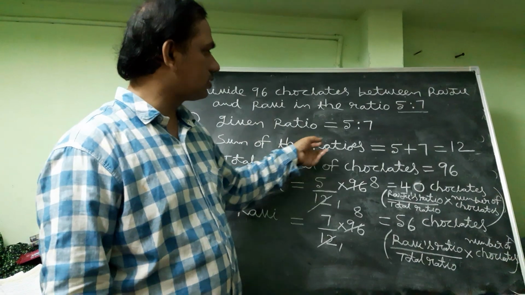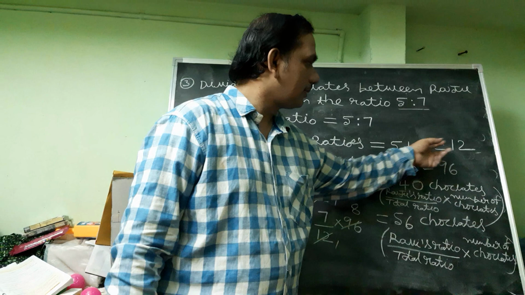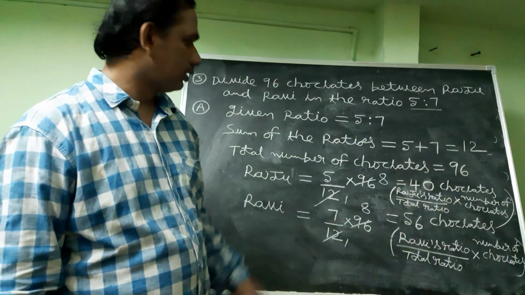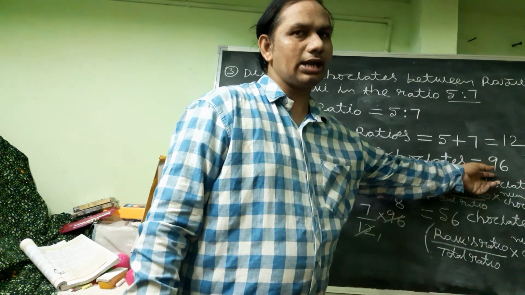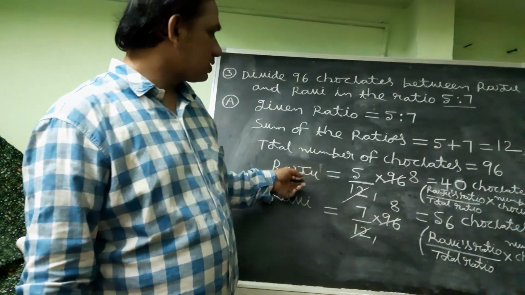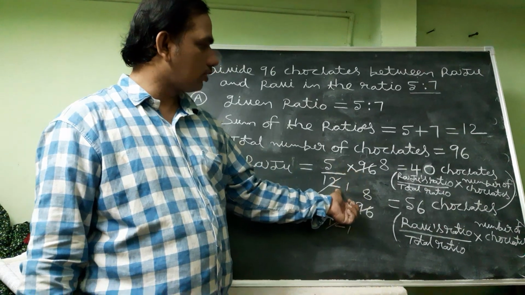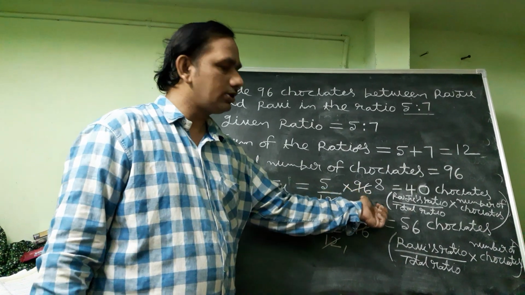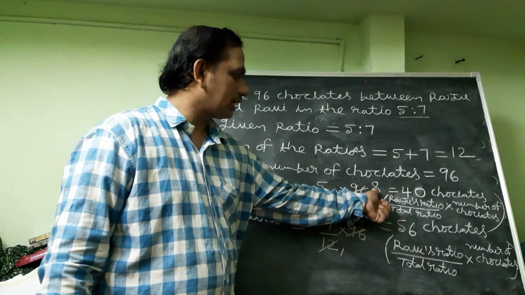Sum of the ratios 5 plus 7, add the two ratios, equals 12. Total number of chocolates equals 96. Raju equals Raju's ratio by total ratio into number of chocolates. 12 ones are 12, 12 eights are 96, cancel.